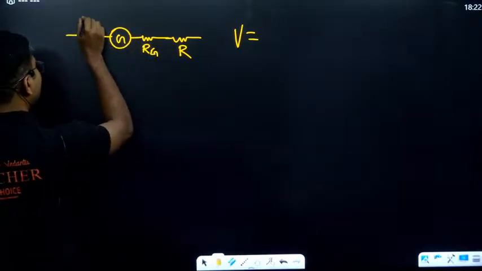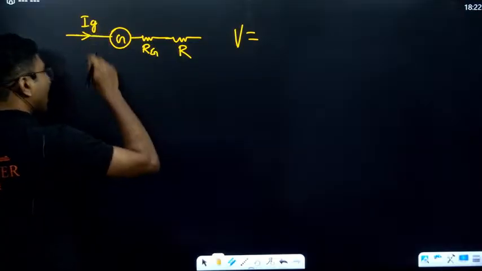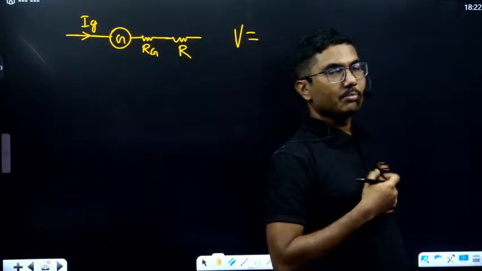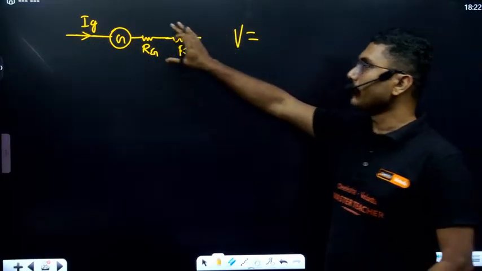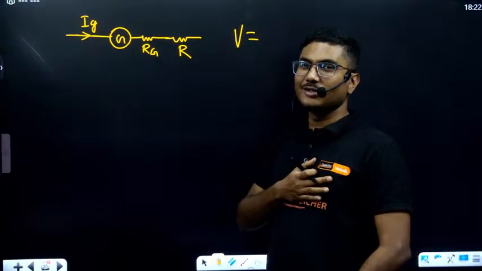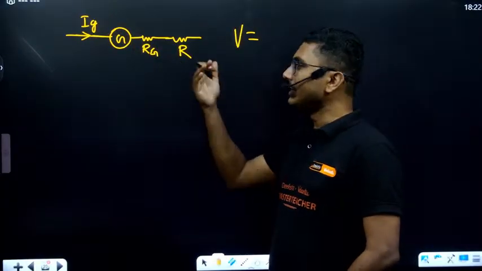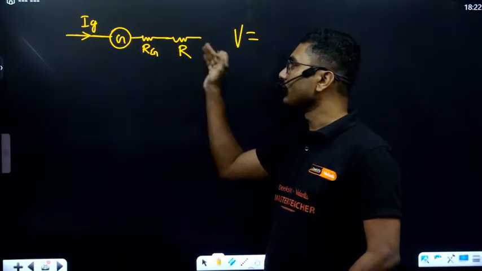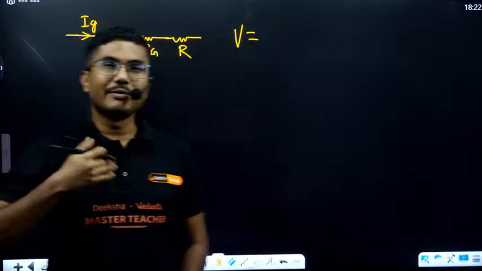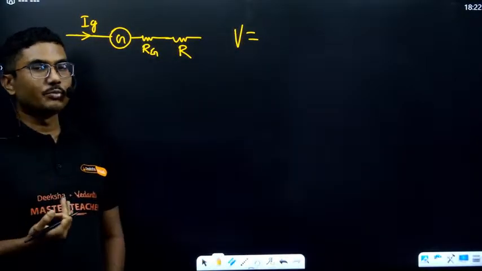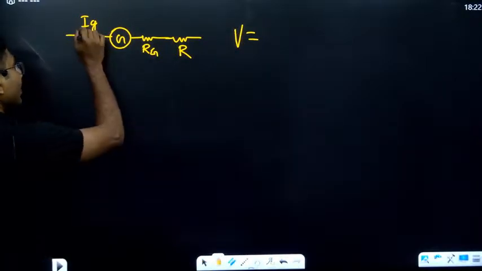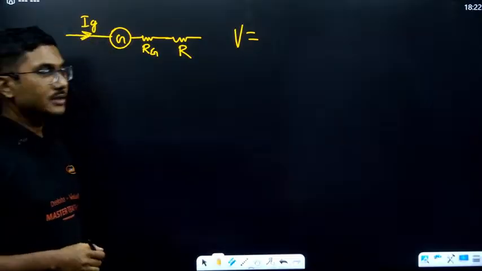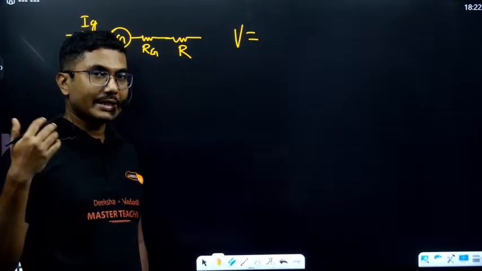My capacity is Ig. I know if I allow any current more than Ig, I will get burned. So the galvanometer will say, I can eat two biscuits, maybe I will share some with my friend, but I will not take anything more than two biscuits. So that is the only input current that can pass through it.